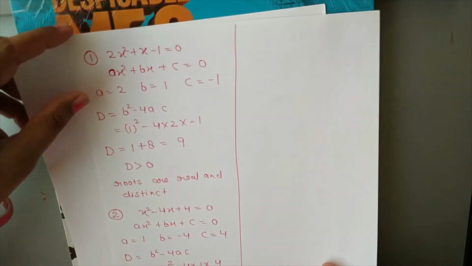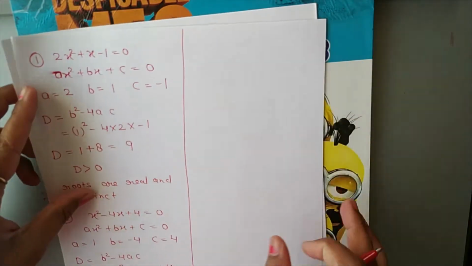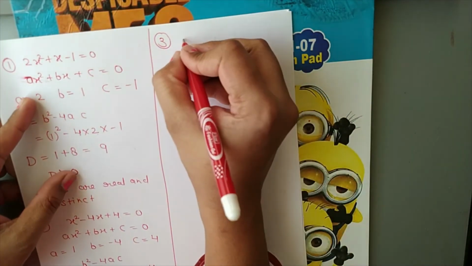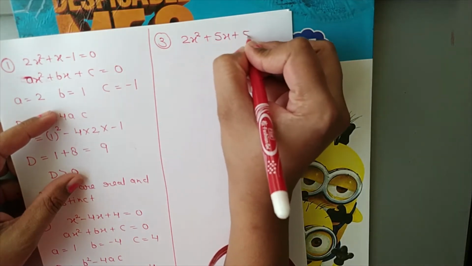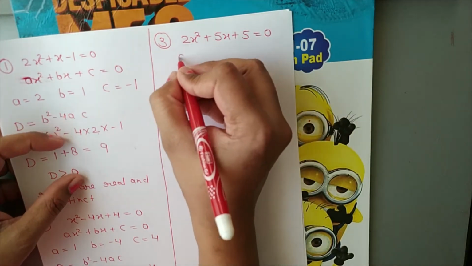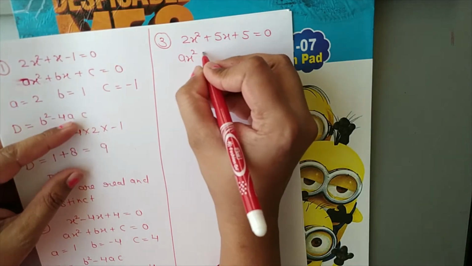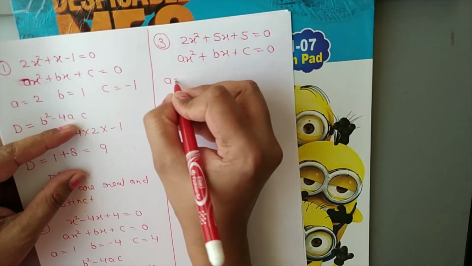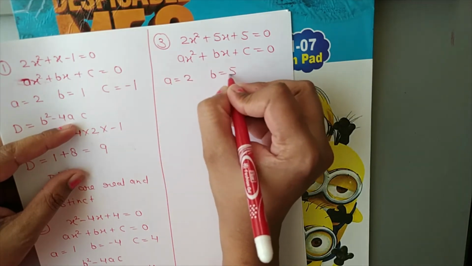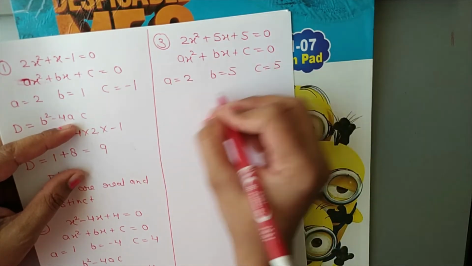Now the third question, 2x square plus 5x plus 5 is equal to 0. First we have to compare with ax square plus bx plus c is equal to 0, a is equal to 2, b is equal to 5 and c is equal to 5.